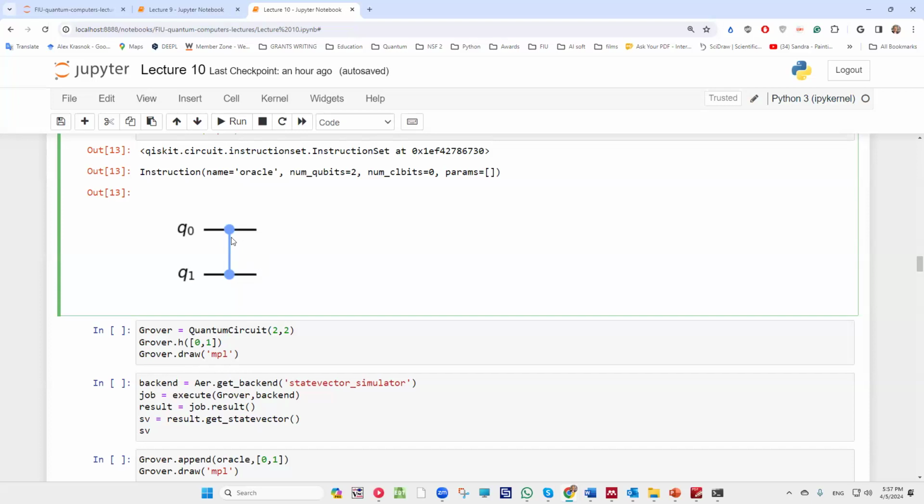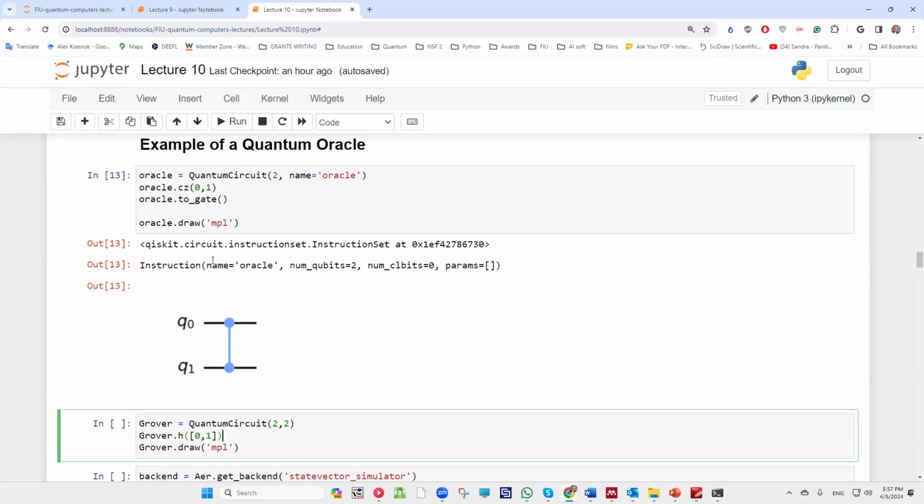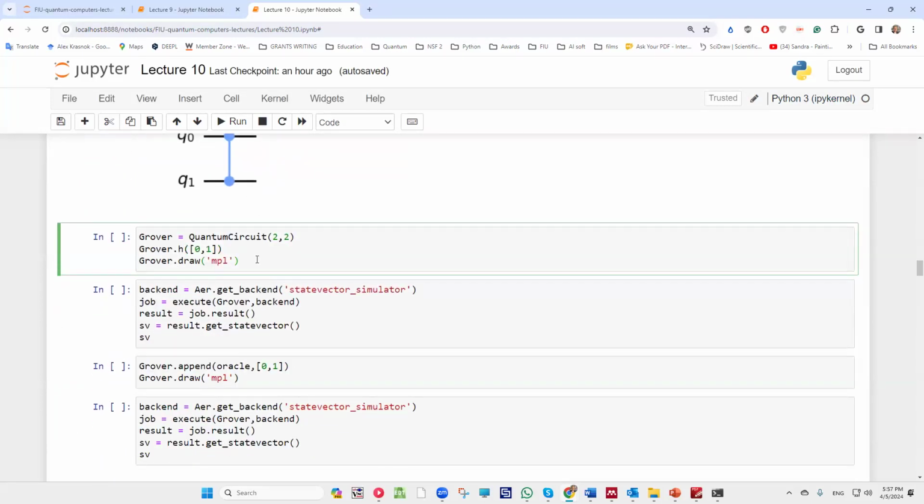We discussed how this gate works, and what it basically does: it flips the sign based on the state of the control qubit. So this is the oracle for our quantum circuit. We designed this oracle to find a particular element, a particular basis vector that encodes a particular element from a list.